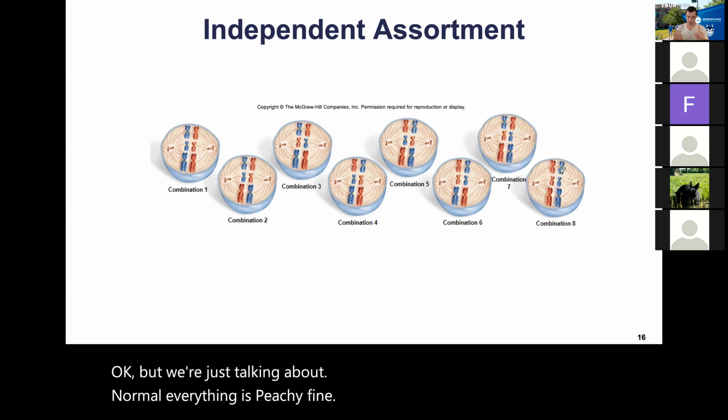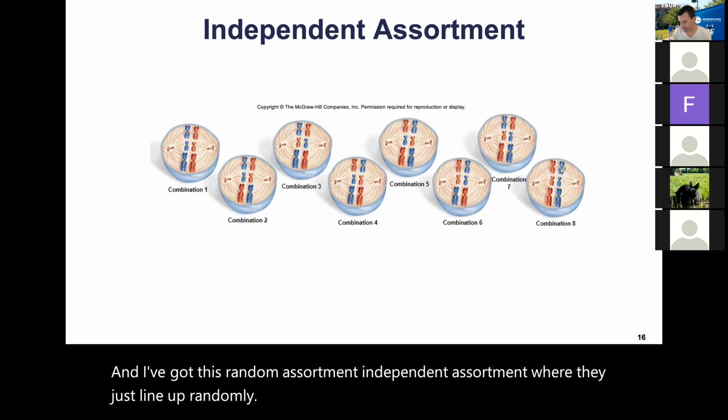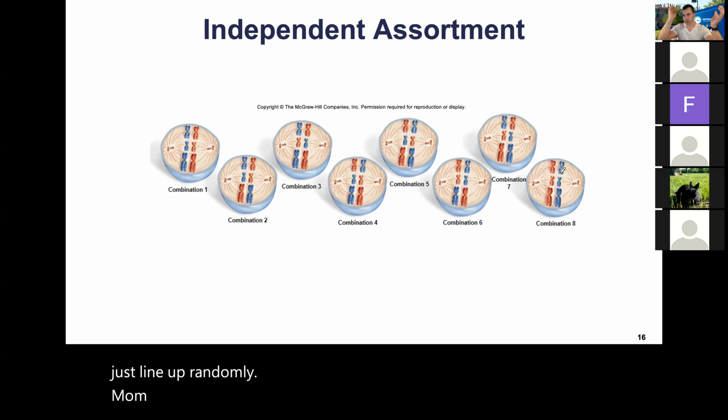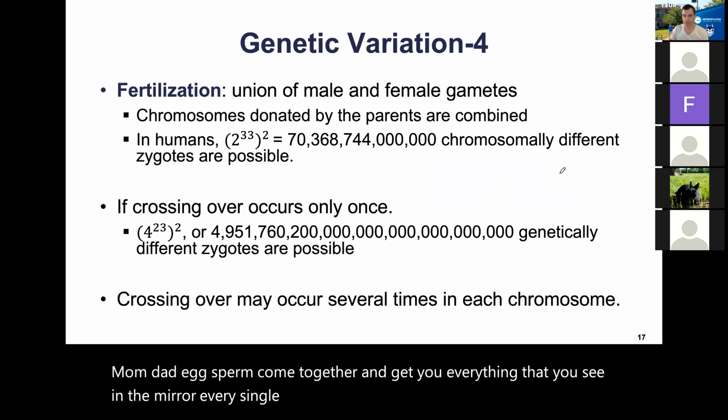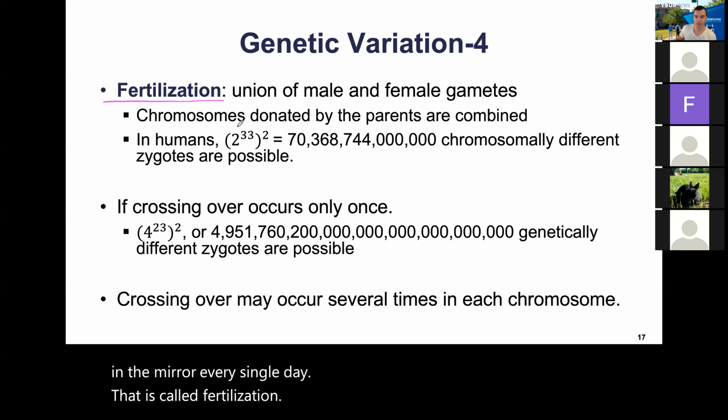So I've got crossing over, and I've got this random assortment, independent assortment, where they just line up randomly. Mom, dad, egg, sperm come together and get you everything that you see in the mirror every single day. That is called fertilization.